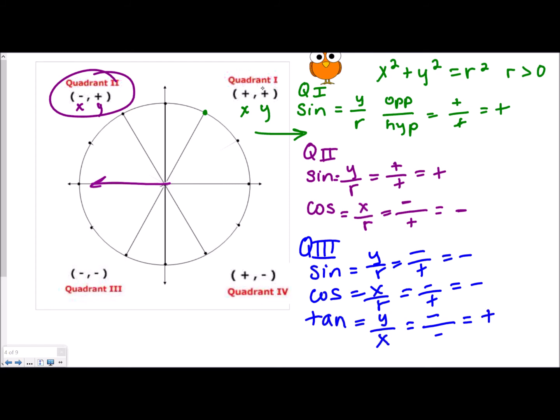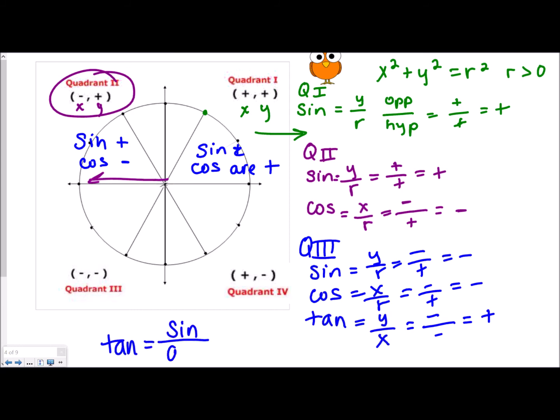So in this first quadrant right here, quadrant 1, both sine and cosine are positive, along with tangent, because tangent is sine over cosine. Over here in this quadrant, sine is positive, cosine is negative, and then tangent, that's an identity, tangent is sine over cosine.